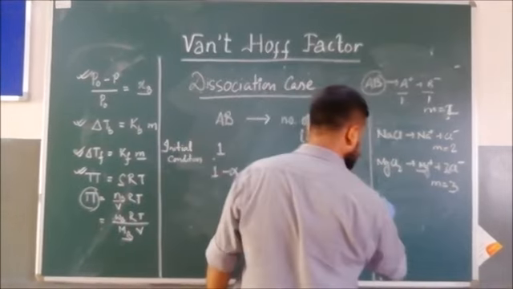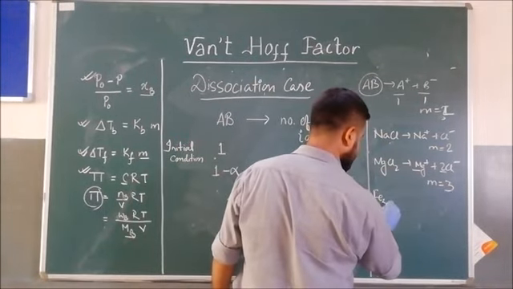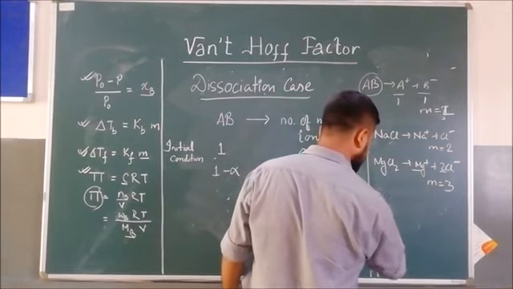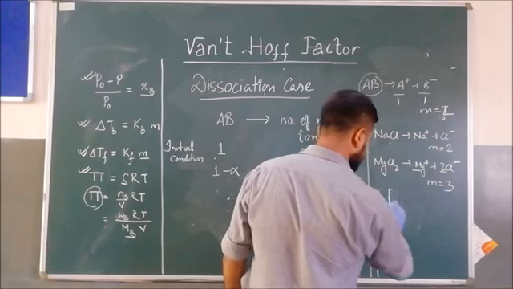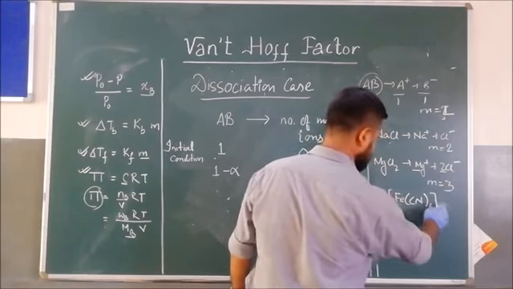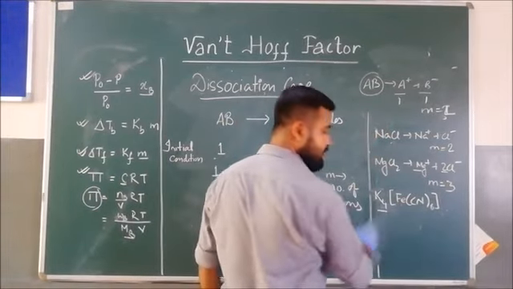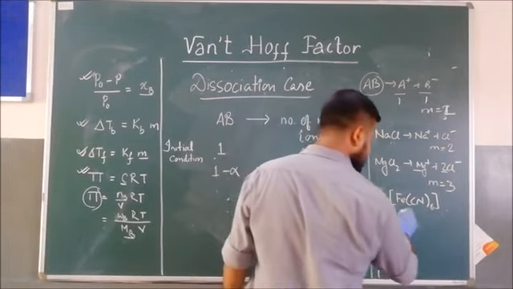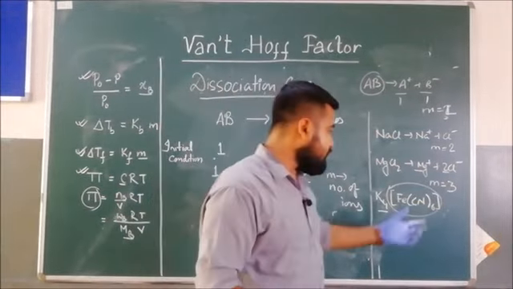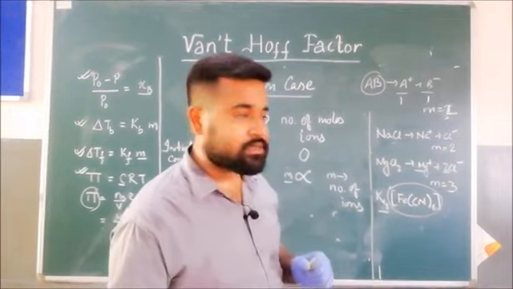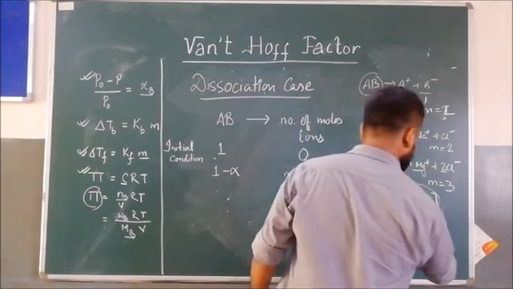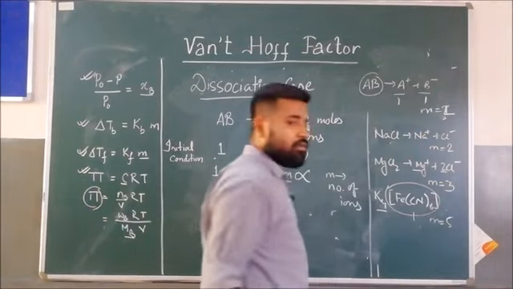Similarly, if there is K4[Fe(CN)6], this is 4 ions, and this single entity is 1 ion. Why is this a single entity? Because this is a coordination complex, which means a single entity. So 4 plus 1, m equals 5.